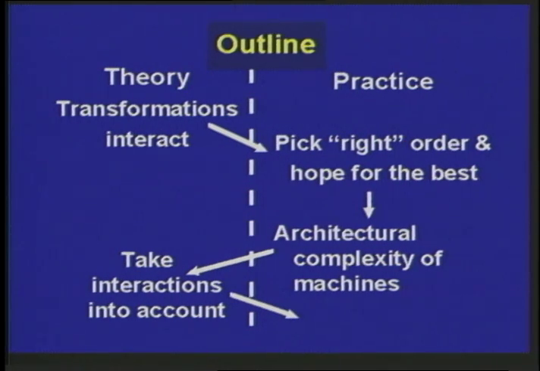But then we're going to see that in practice, what compiler writers actually do is ignore that and pick some order to perform transformations. They may repeat transformations, but actually build into the compiler this order of performing the transformations and hope for the best. That is, you get good performance.